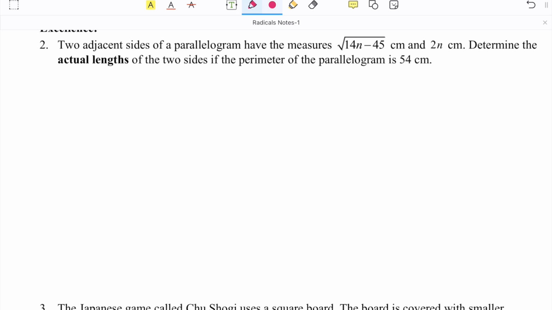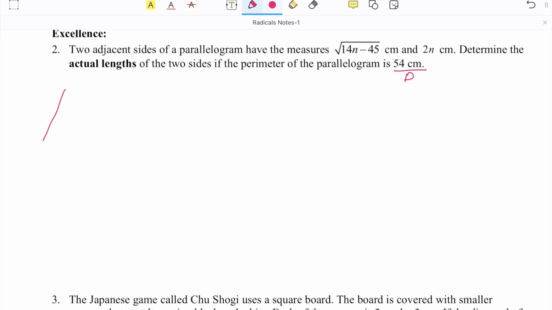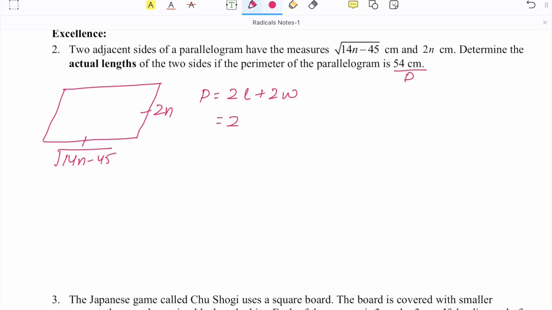So a parallelogram is given to us, and then they have given us the adjacent sides. They have given us that this is 2n and this is √(14n − 45). To figure out the perimeter of a parallelogram, it's just 2 times length plus 2 times width. So 2 times √(14n − 45) plus 2 times 2n, which is 4n, and the perimeter is 54.